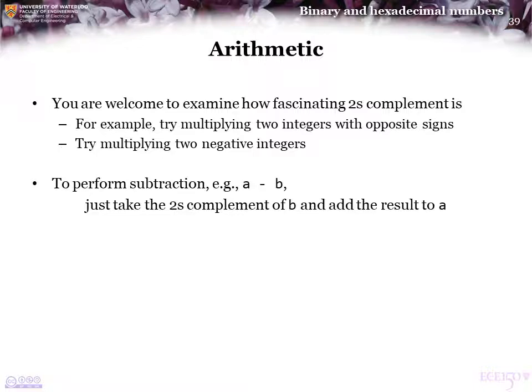Also, now subtraction is a lot easier. As you may recall from elementary school, you had to do borrows. However, borrows are tedious because to borrow from the next digit, well, that may be a 0, so you'd have to borrow from the next one and perhaps even the next one, and so on and so forth. And so it's much more difficult to do subtraction the way you learned in elementary school than it is for you to do addition.